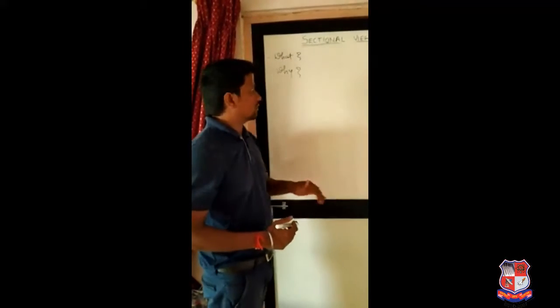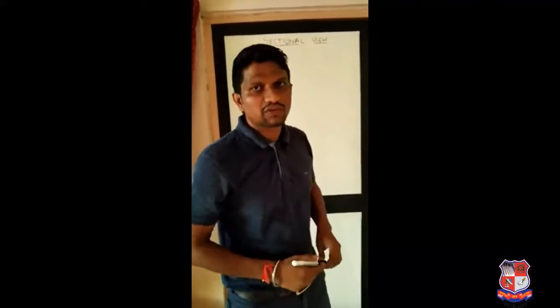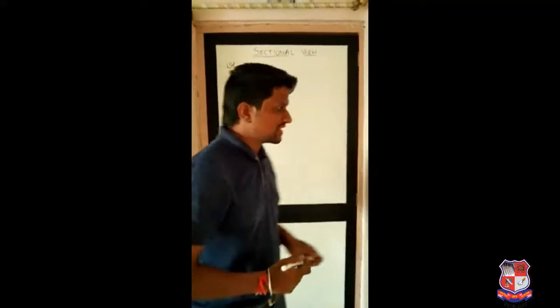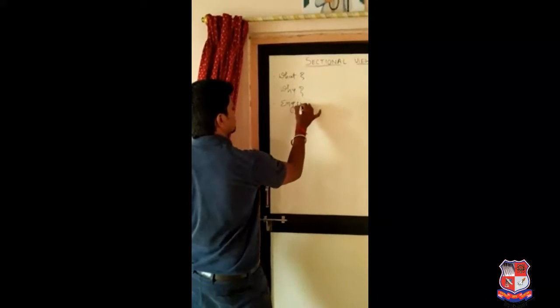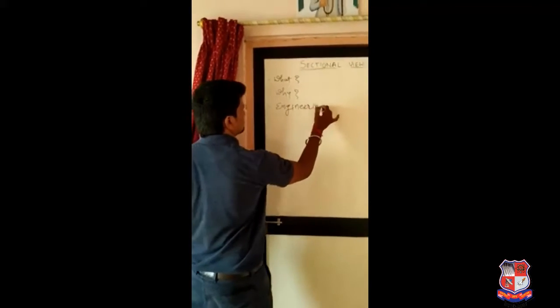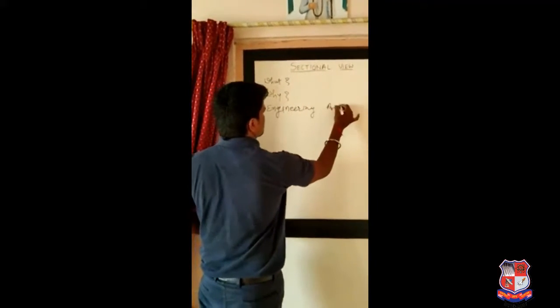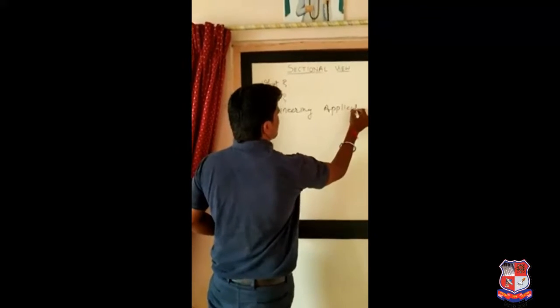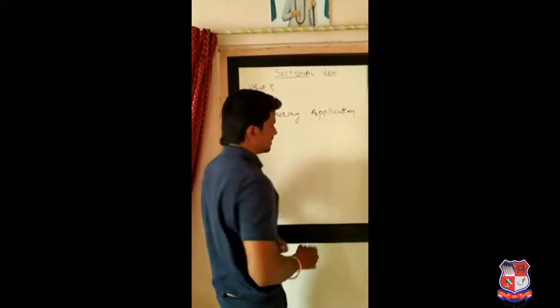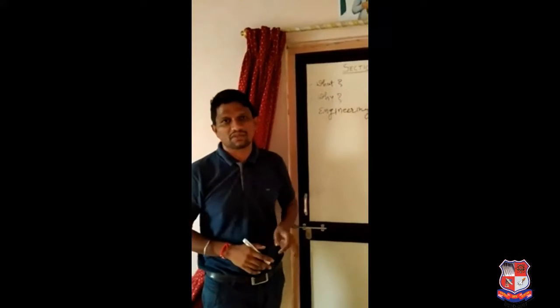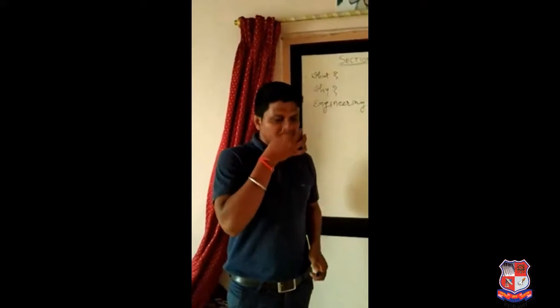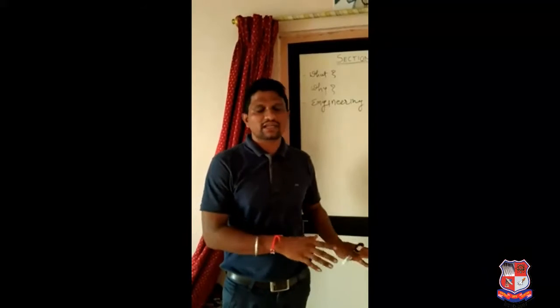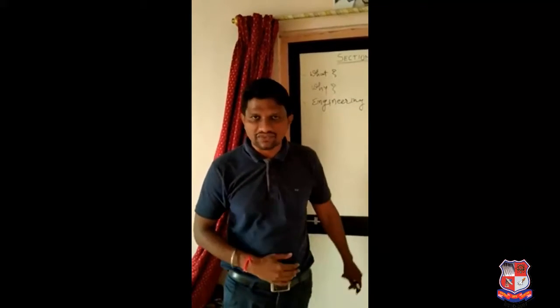Okay. Now, next is, what is the engineering application of sectional view? As we have discussed, in certain industries, we are going to provide the drawing to the workers. As we discussed, engineering drawing is the language of engineers, right?